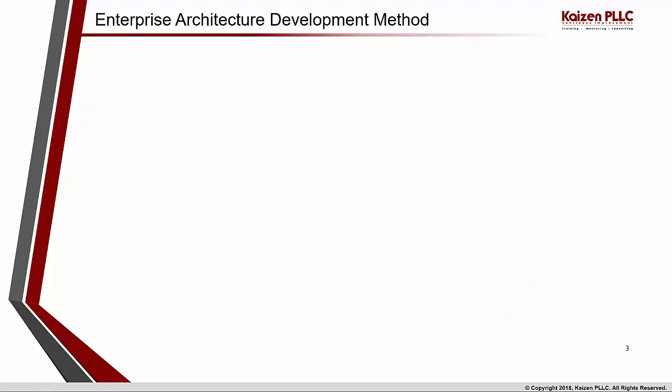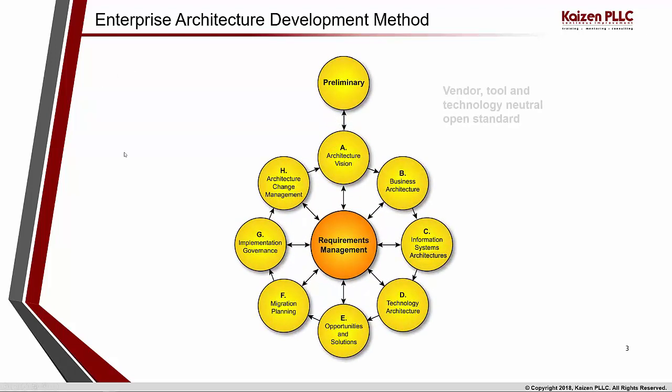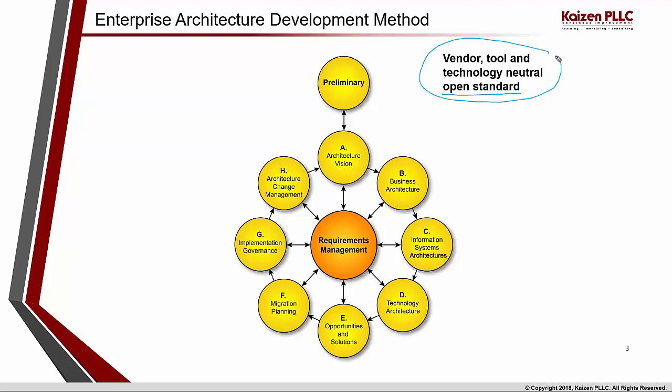First and foremost, we will look at the ADM from an enterprise perspective, and consider what it provides. The ADM, the methodology itself, is built upon an open standard. It is agnostic to any particular vendor, tool, and technology. The Open Group is a standards organization which is at this moment supported by more than 600 organizations.